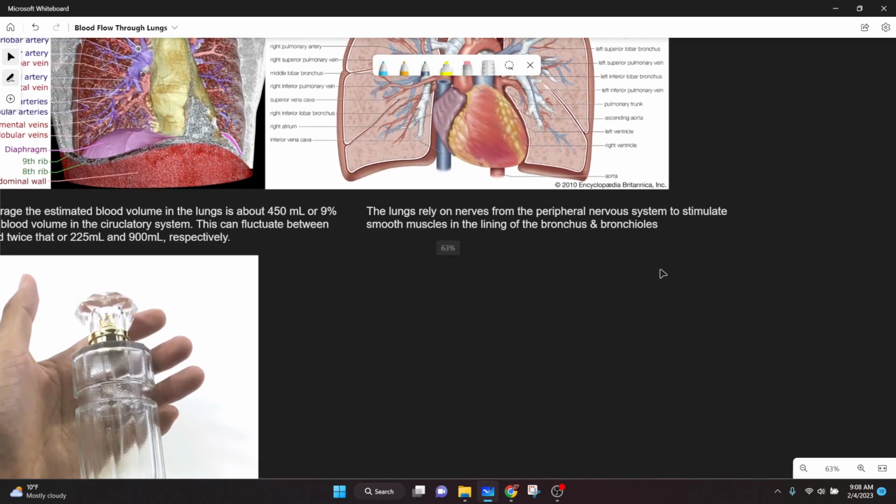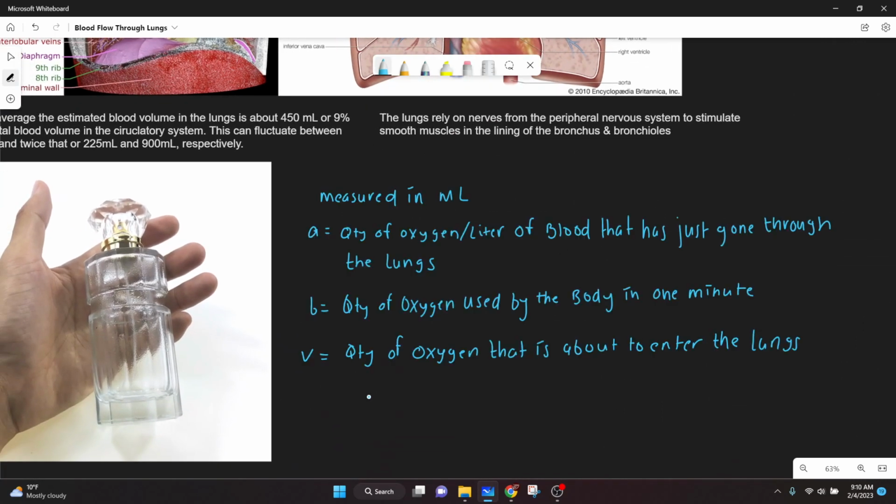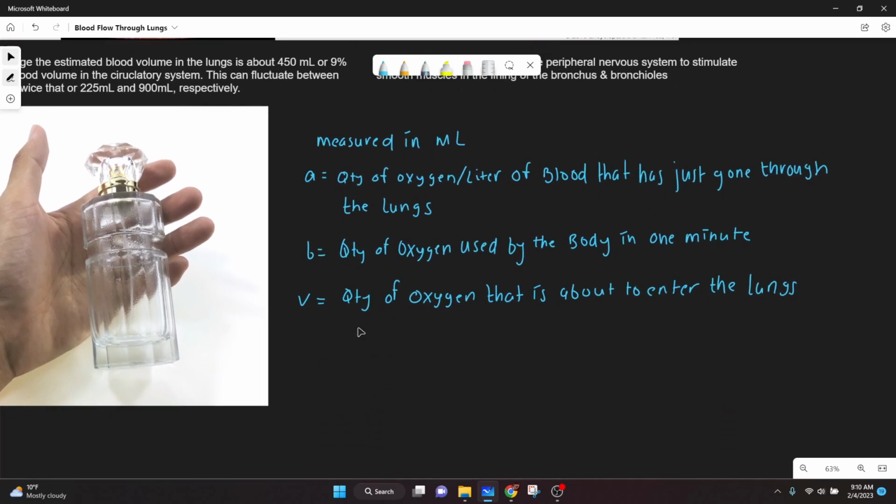And so let's do some partial derivatives involving blood flow through the lungs. Researchers have developed a generic formula or model of blood pumped through the lungs based on the quantity of oxygen that has just gone through the lungs, the quantity of oxygen that is used by the body in 1 minute, and the quantity of oxygen that is about to enter the lungs.